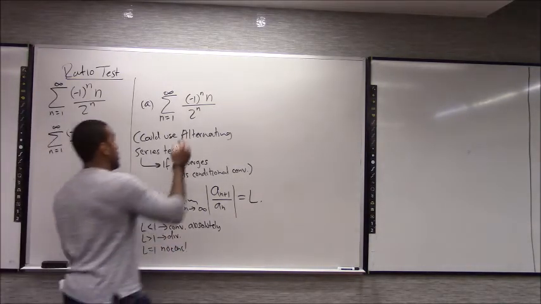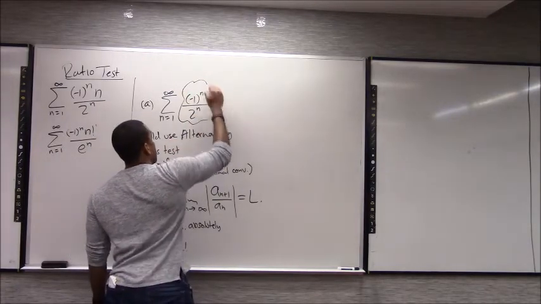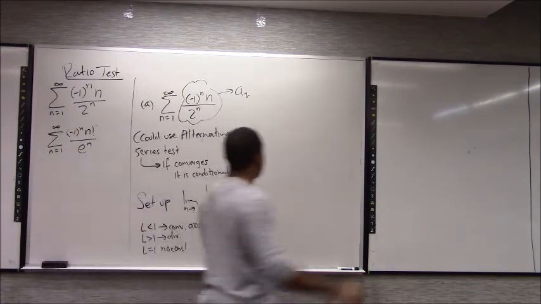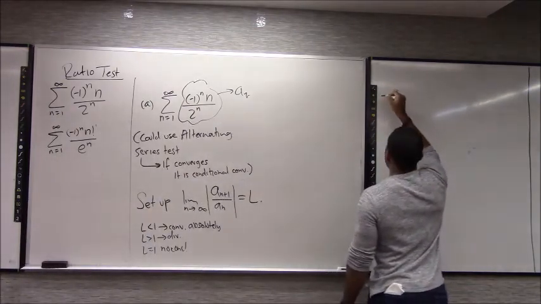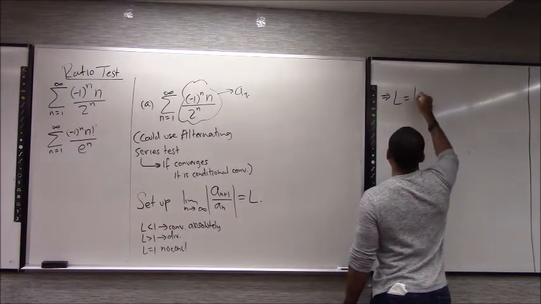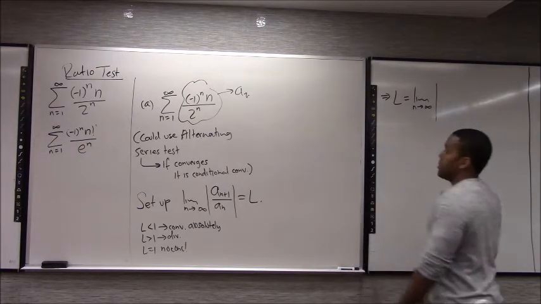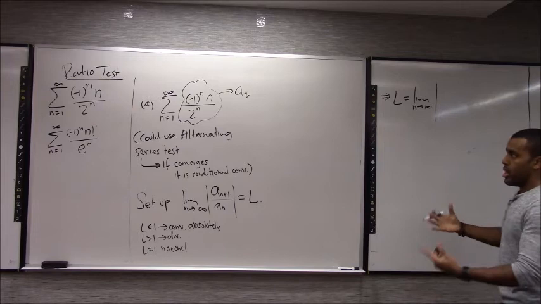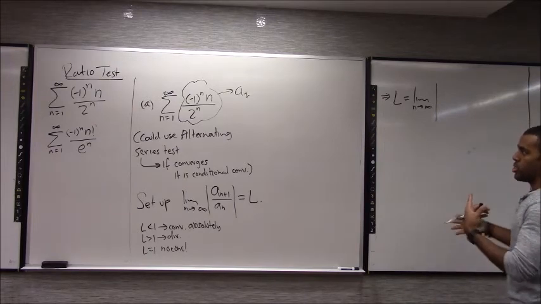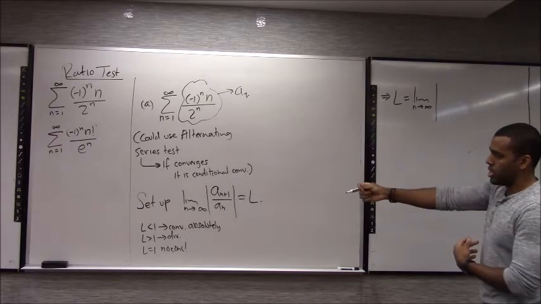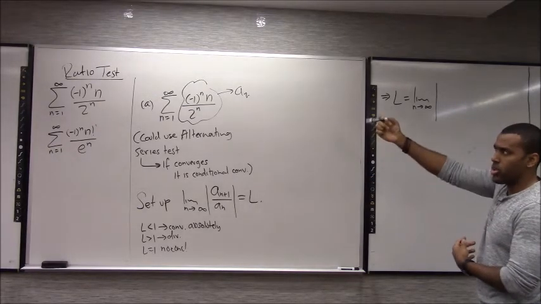So if this guy here is my a of n, I'm just going to set this limit up. So notice here I would have L is equal to the limit as n approaches infinity of... Now I'm going to write the minus 1 to the n here, but just so you know, in general, once you are doing the ratio test, you throw in absolute values, you can actually ignore that part.